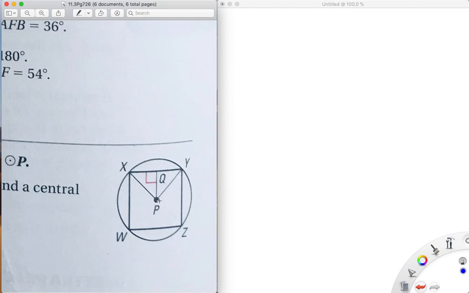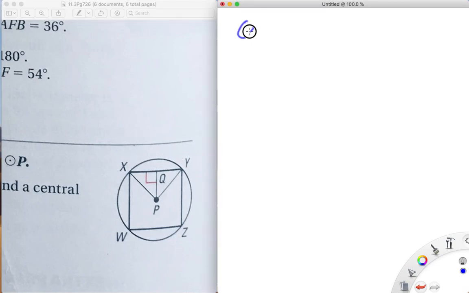The apothem goes from the center to the side, and remember, it cuts it in half. So the apothem is PQ, and it cuts XY in half at Q. So the center is P. The radii, I think that's how you spell it.